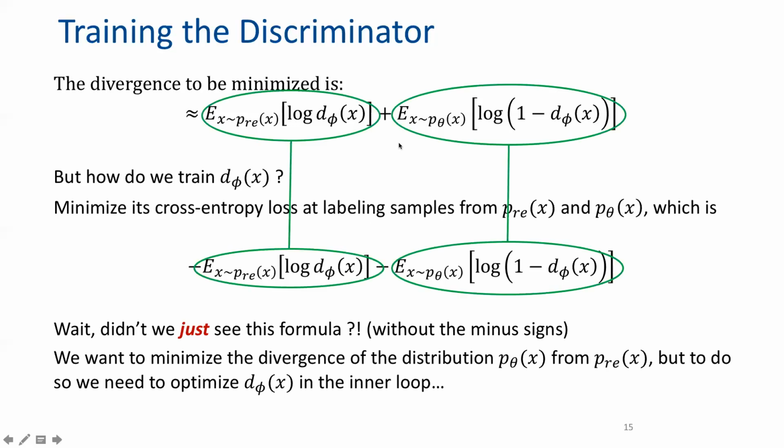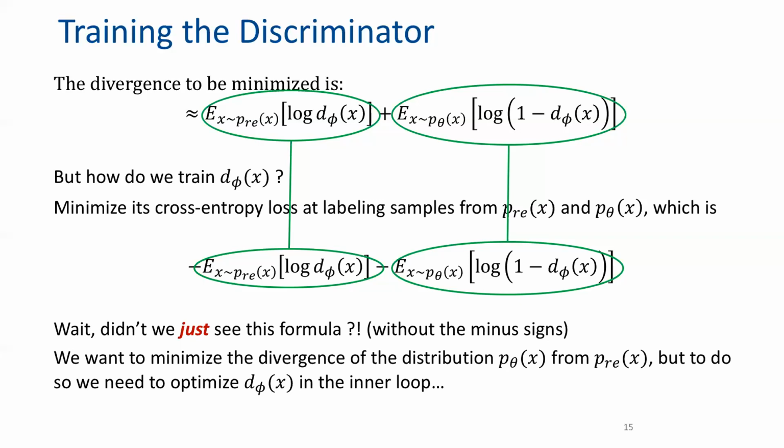In other words, the terms in the loss between the two distributions, the Jensen-Shannon divergence, are the same terms in the classifier that we want to train, d sub phi, in order to compute this loss. The only difference is that there's a minus sign in the second expression, the cross entropy loss, and there's a plus sign in the Jensen-Shannon divergence formula.